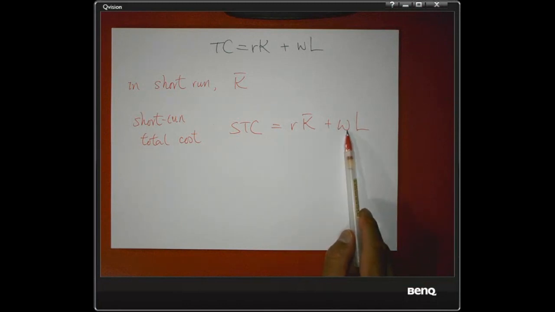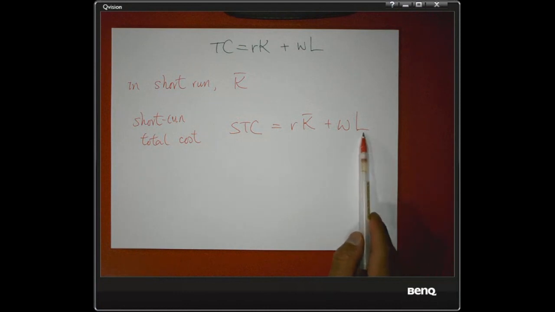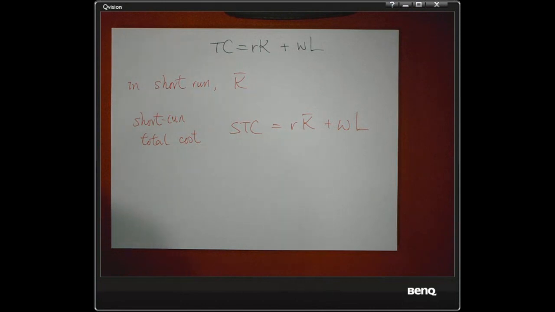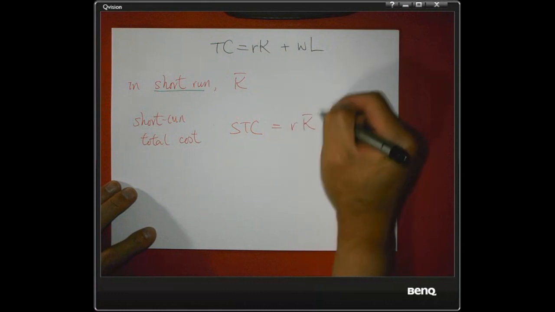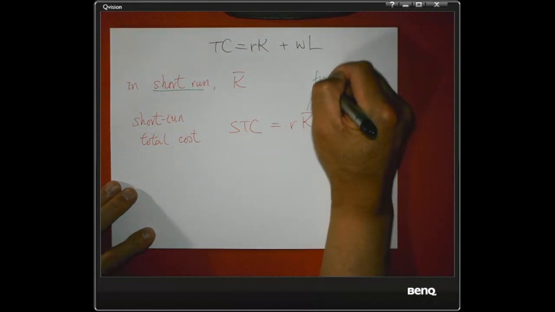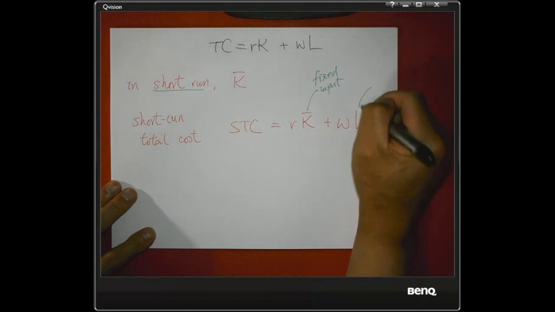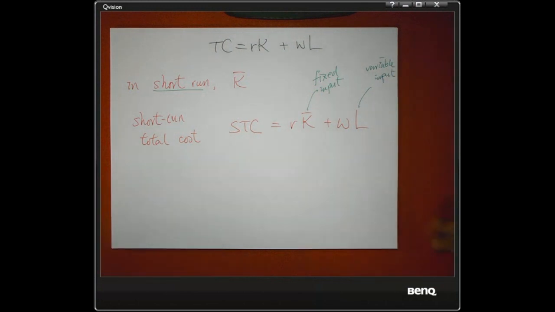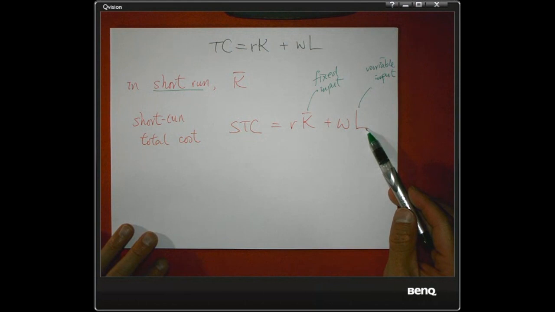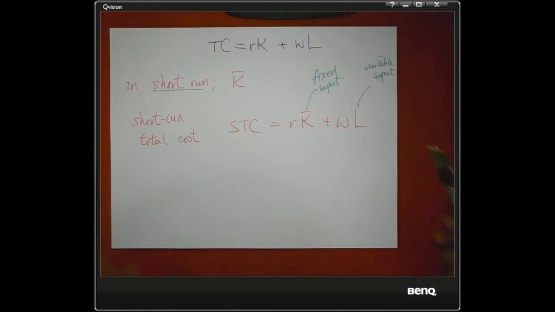Plus the cost of labor per unit times the number of units of labor used. And in the short run, this is the fixed input. This is the variable input. Because in the short run, you can vary how much labor input you use.